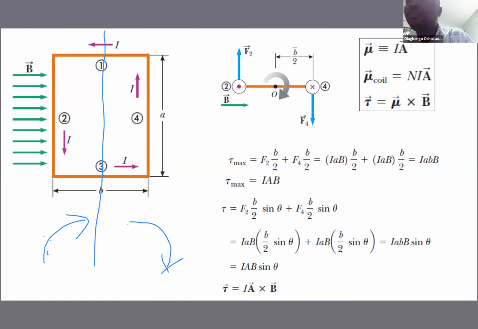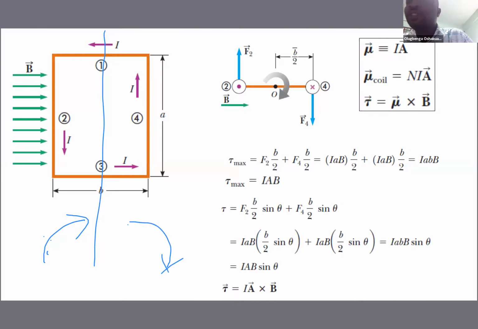The torque will be responsible for turning the loop about the magnetic field B. Looking from the side is what we have in the second figure, in which the loop is now turning around points 2 and 4. At point 2, it's experiencing an upward force. At point 4, it's experiencing a downward force.